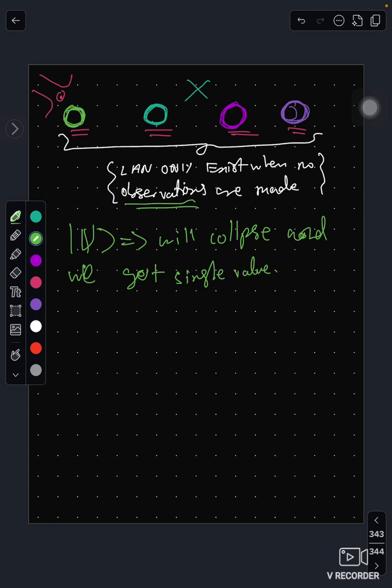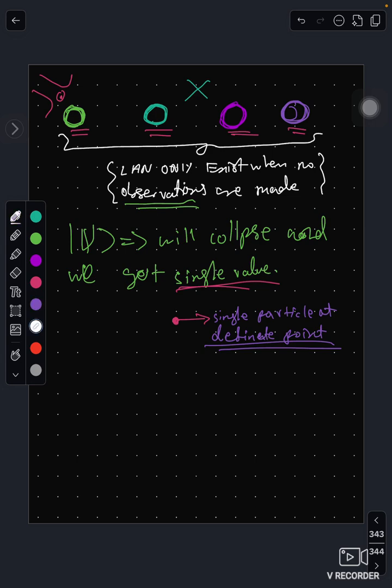What that single value means is that we have a single particle at a single point. Now that the superposition broke, we have a single particle at a definite point, or coordinates, of course.